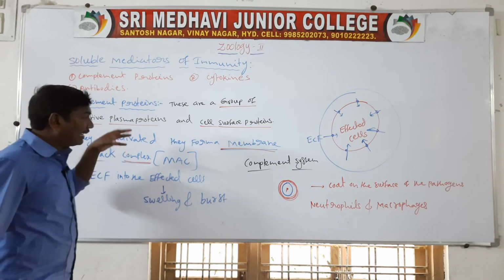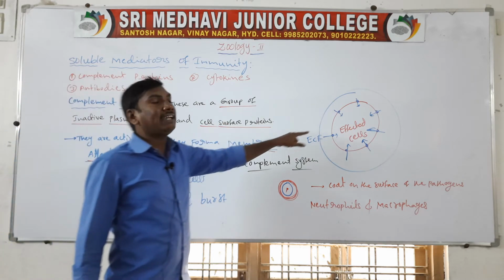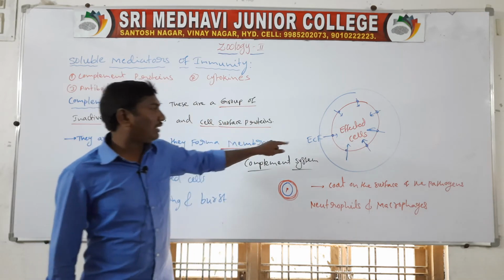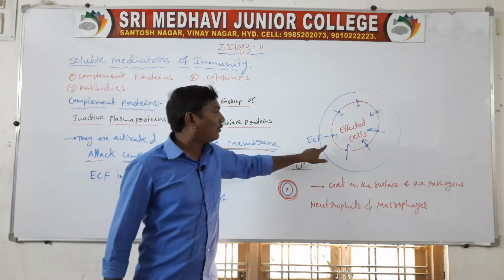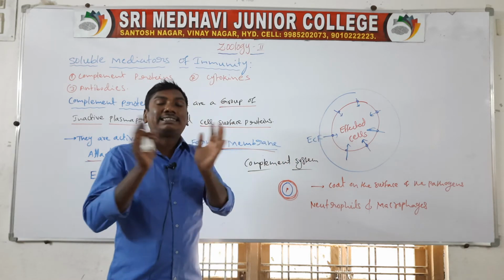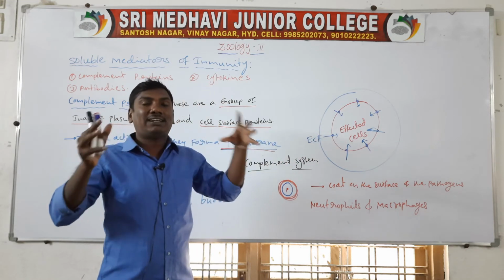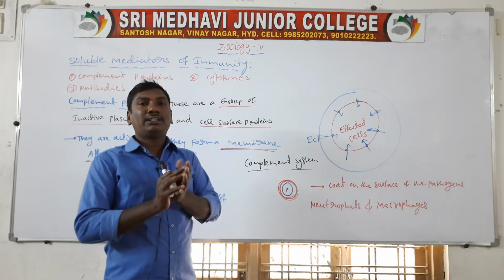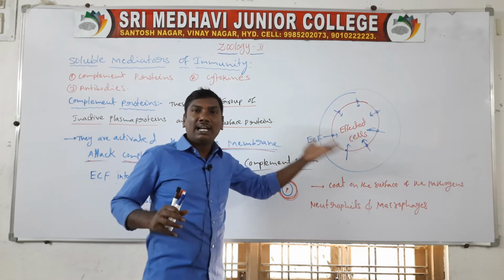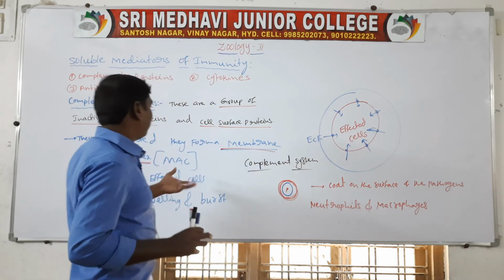The membrane attack complex forms pores on the affected cells, allowing extracellular fluid into the cell. The cell size increases, the cell swells, and then it bursts. So that is one type.